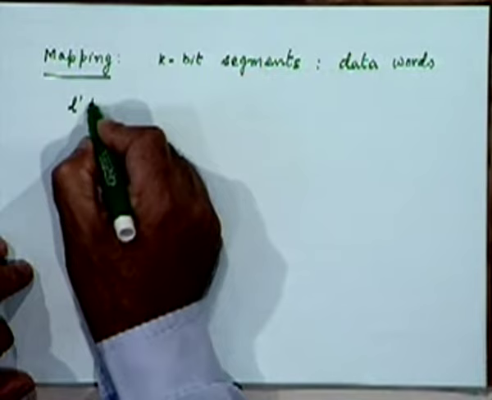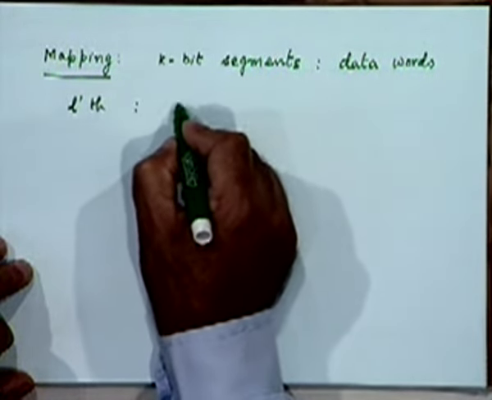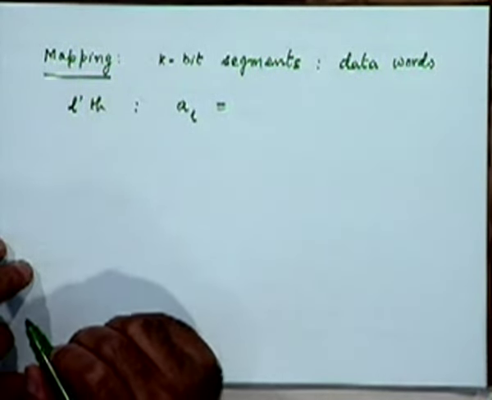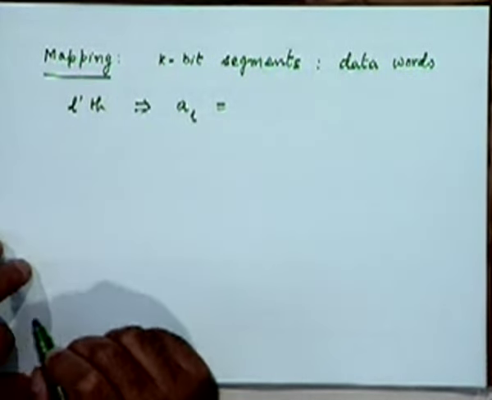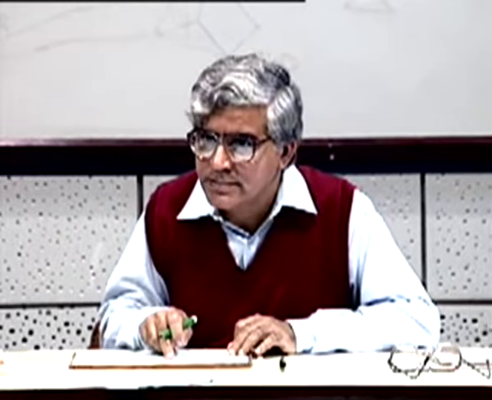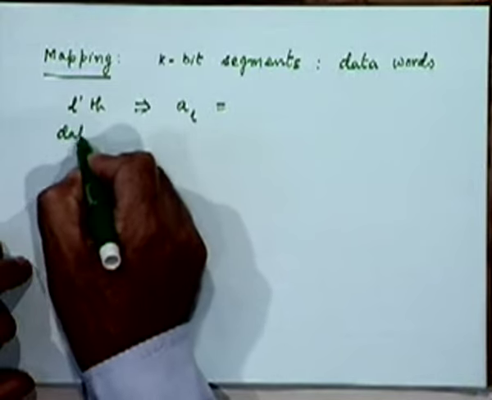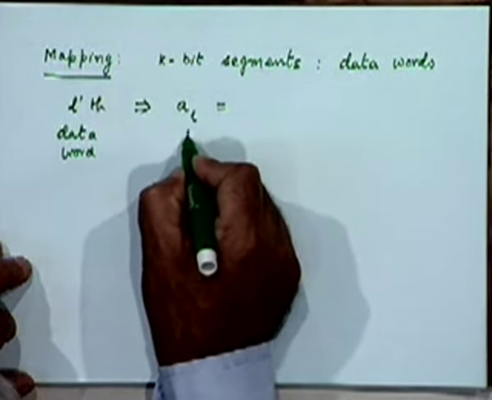We have said this a number of times. The lth data word, let's call it a sub l, will be assigned to one of the points on the constellation. Let's call that point a sub l, right? So the lth data word is assigned to a point on the constellation.